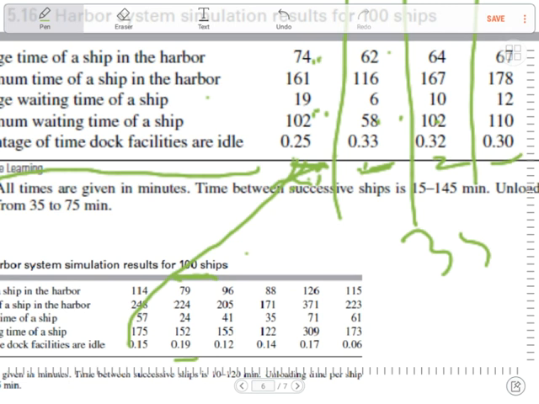So obviously the docking facilities are now doing more business if we use this algorithm instead of the earlier one. The unloading time is also less, which is beneficial for the ship owners, and the idle time is also less, which is beneficial for the harbor or dock facilities. So it is beneficial for both the ship owners and the harbor facilities.